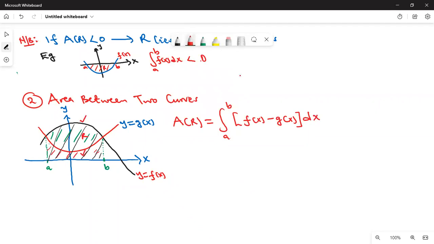You see the one that I've now ticked in red, this one. So if you want now the shaded area, which we are calling R, you subtract those two areas. So I'll give you an example to illustrate the concept.